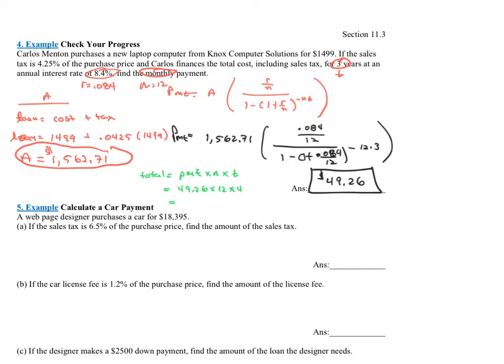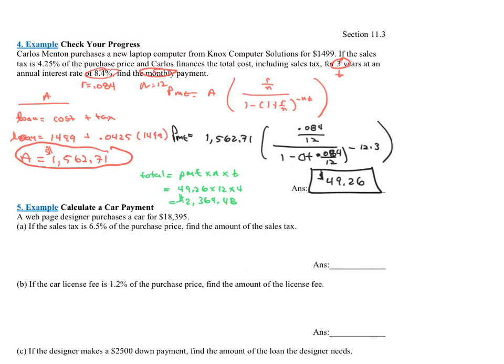I'm getting a total of $2,364.48 is how much I really paid for that item, which does seem about right because that computer was about $1,500 plus I had to pay the interest on top of that. So it does seem like a realistic answer. I can go ahead and move on to the next.